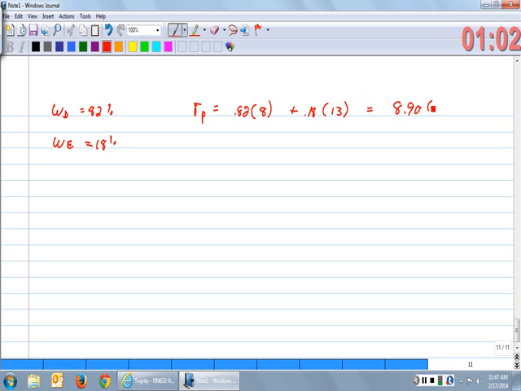The risk of our portfolio, we need to plug it in and see. 0.82 squared times 12 squared plus 18% squared times 20 squared plus 2 times the weight of the first one times the weight of the second one times the standard deviation times the standard deviation times the correlation.